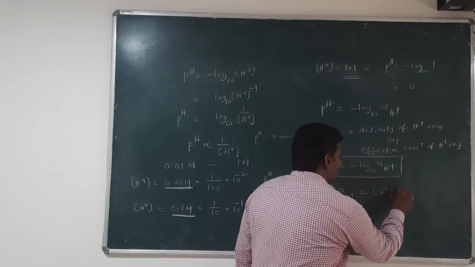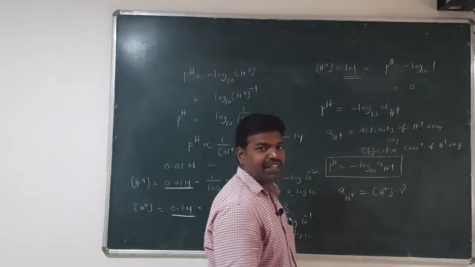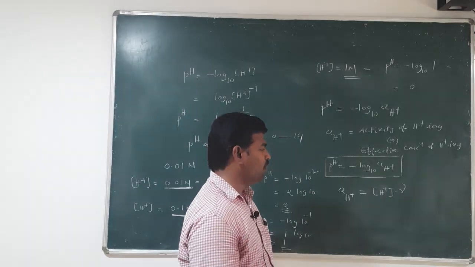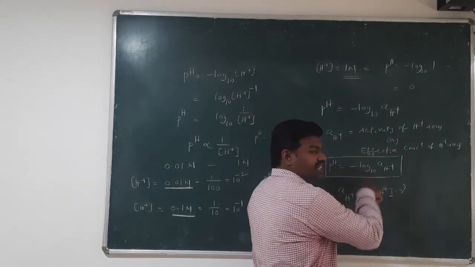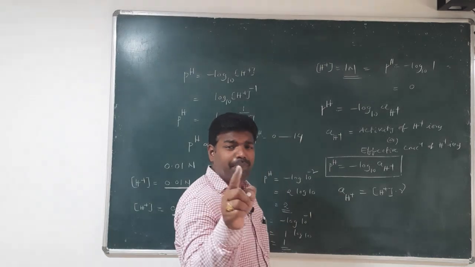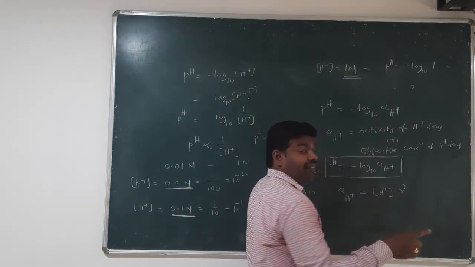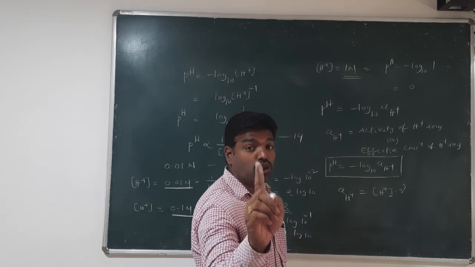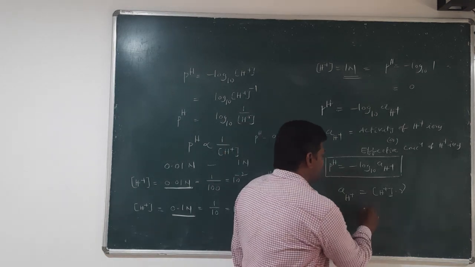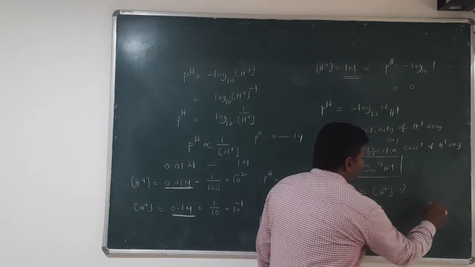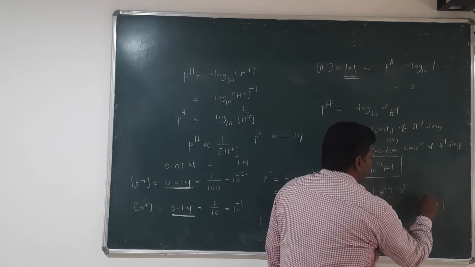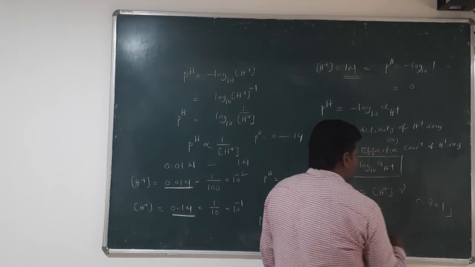The suitable activity coefficient is represented by gamma, and for dilute solutions it is found to be 1. Gamma is equal to 1 for dilute solutions.